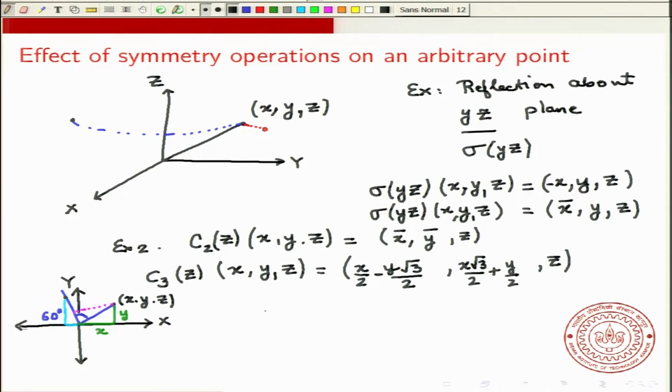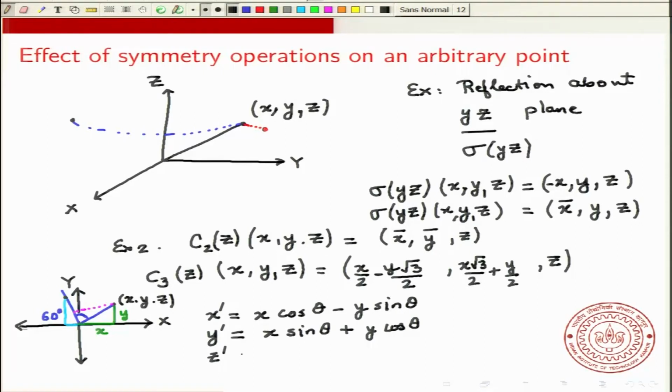So, you can use the general relation: x cosine theta minus y sin theta is x prime. This is for rotation by theta degrees about the z axis. Y prime, the new y, is equal to x sin theta plus y cosine theta, and the new z is equal to the old z.